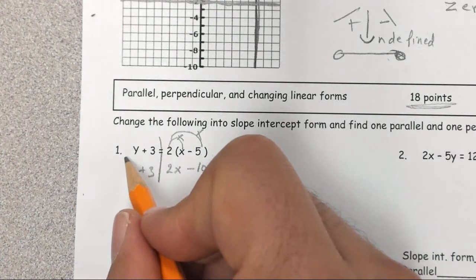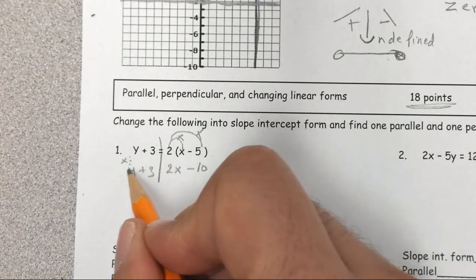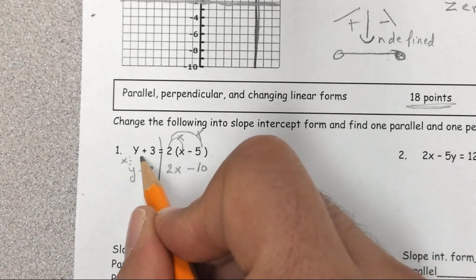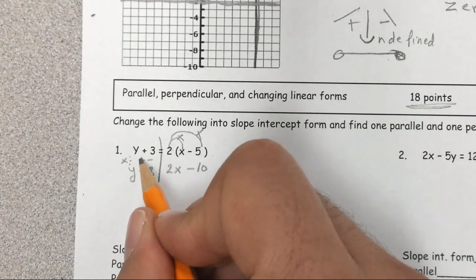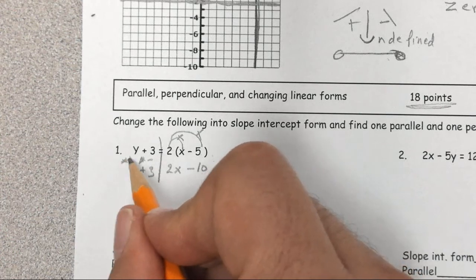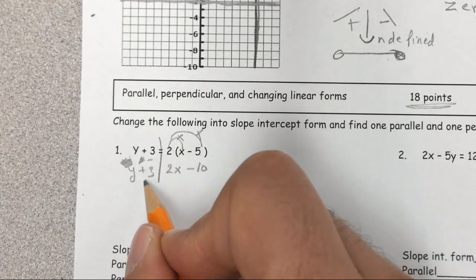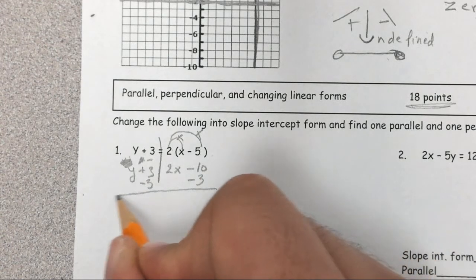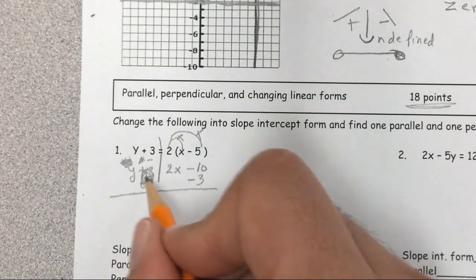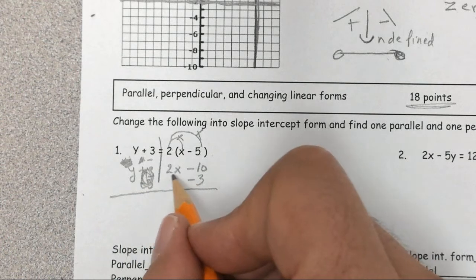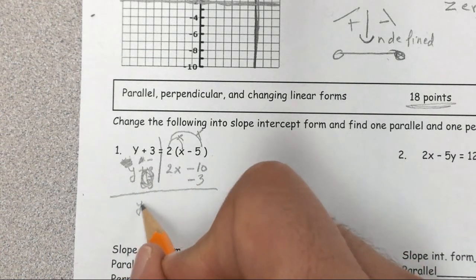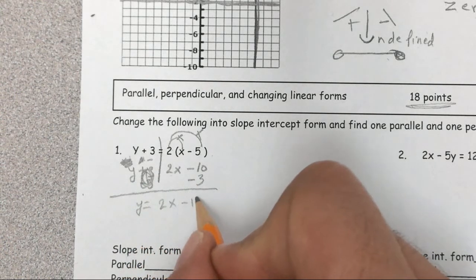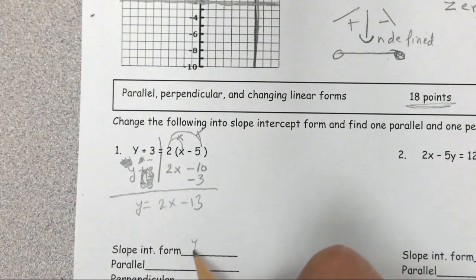I want to solve for the y, so I put multiply divide on top of it. And I want to get rid of the x, so that's a plus and minus. It's already adding, and it says nothing here, so I don't have to worry about it. So the opposite of plus 3 is subtract 3. Look how I line it up under the 10, because it does not belong under the 2x. It ends up with y equals 2x minus 13. That's the slope-intercept form.